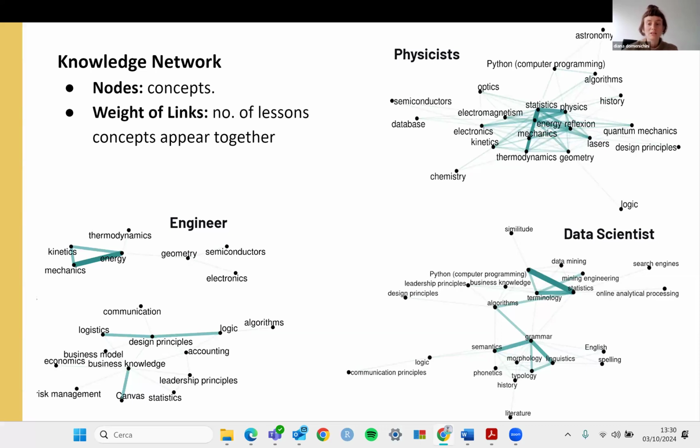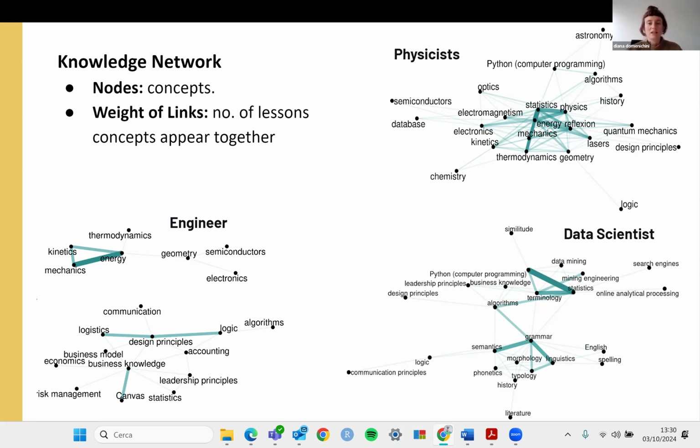This profile can be useful if, for example, these three different students start the same course about a new subject that is actually in between physics, engineering, and data science.